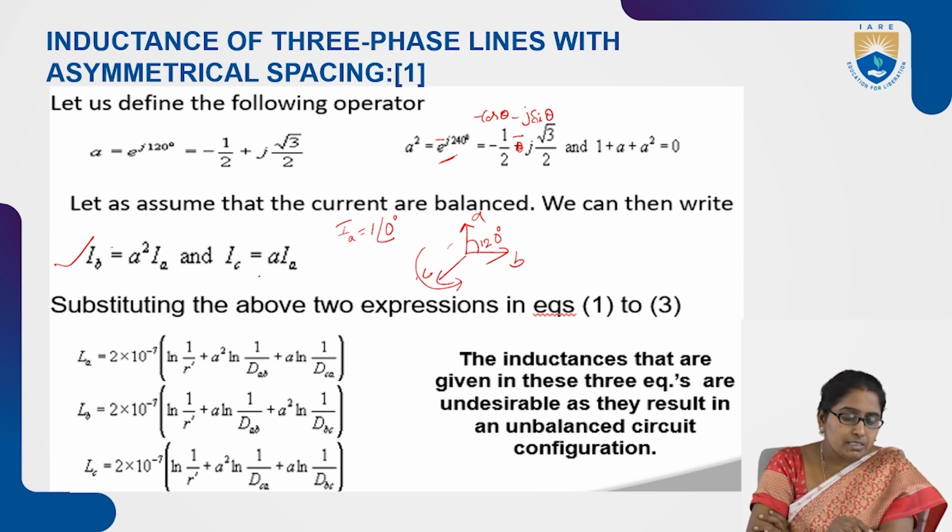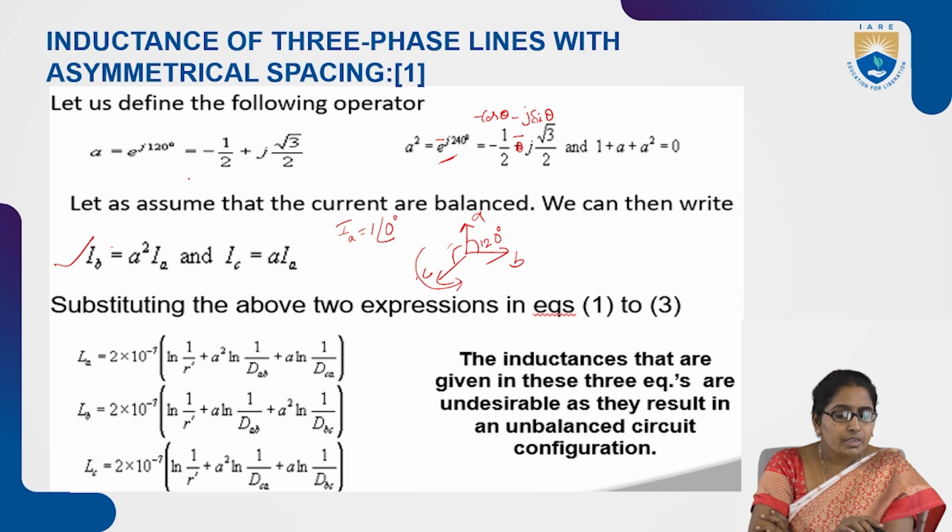Next, IC is given by the other direction. IC is given by how much angle? 120 degrees. That's why it is written as alpha into IA. So IC is displaced by 120 degrees from IA, and IB is displaced by 240 degrees from IA. That is how we consider the relation between IA, IB, IC currents here.